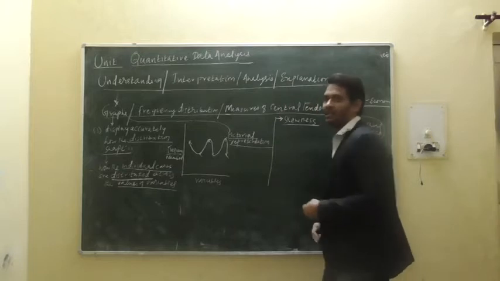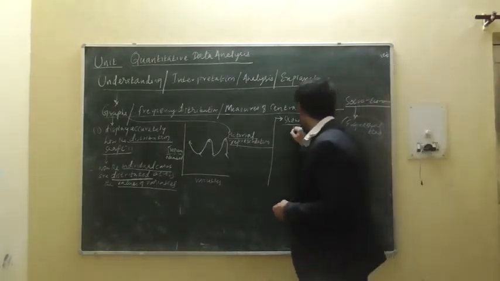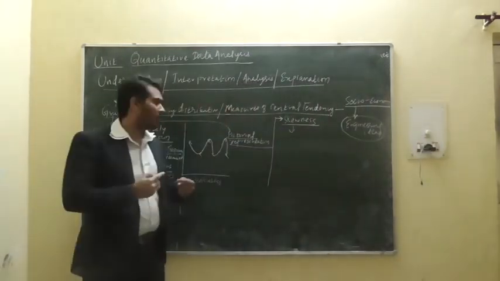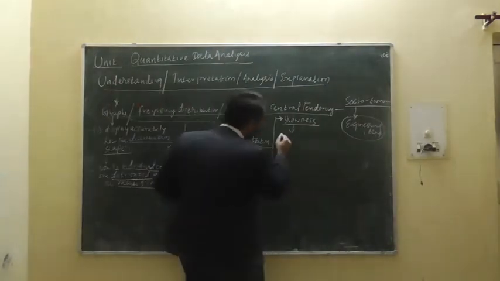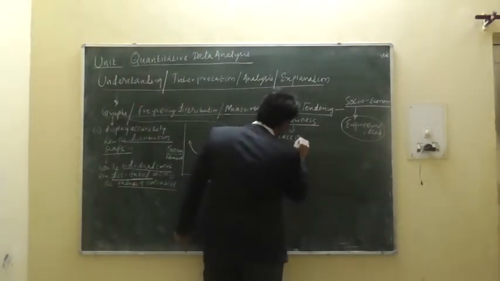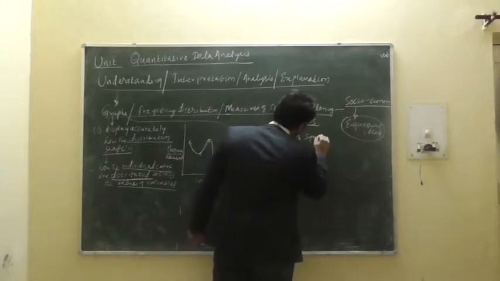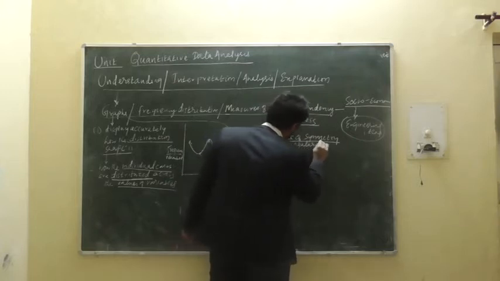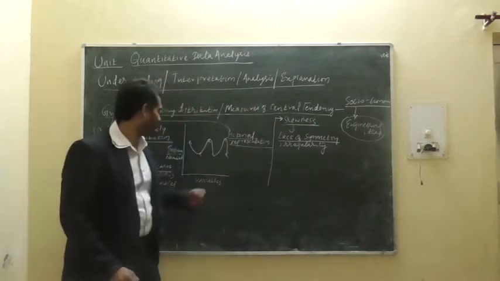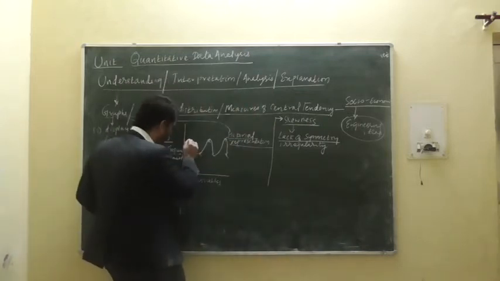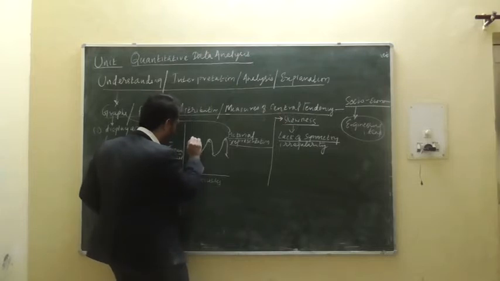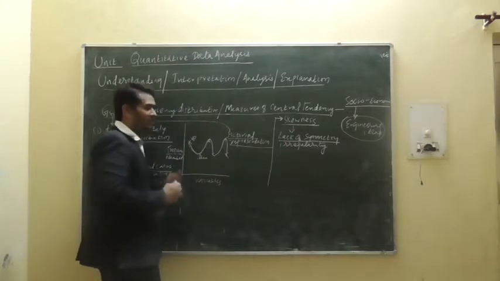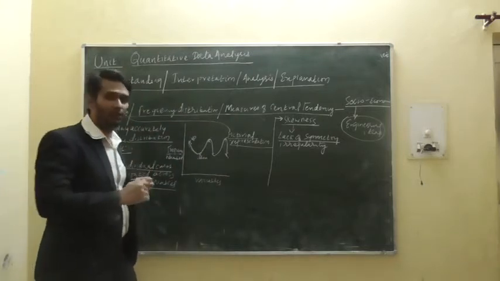Skewness is how the data is irregular in nature, the lack of symmetry, the irregularity in the data. For instance, there is an up, there is a down, once again it goes up, down. This is the kind of irregularity you would like to show.